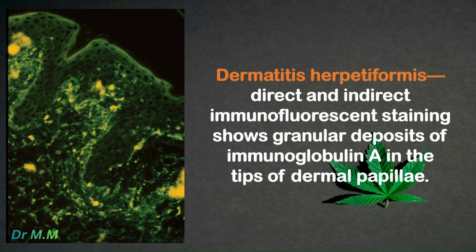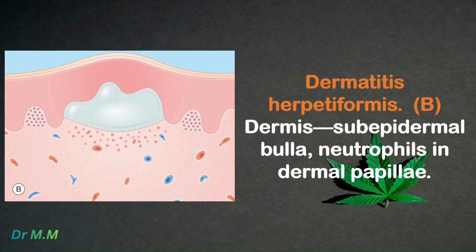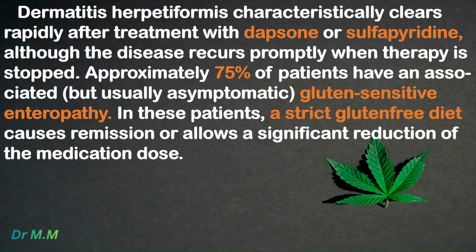Dermatitis herpetiformis, direct and indirect immunofluorescent staining shows granular deposits of immunoglobulin A in the tips of dermal papilla. Dermatitis herpetiformis, subepidermal bulla and neutrophils in dermal papilla can be seen.